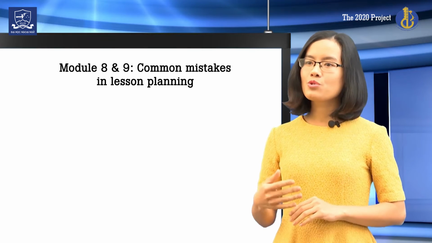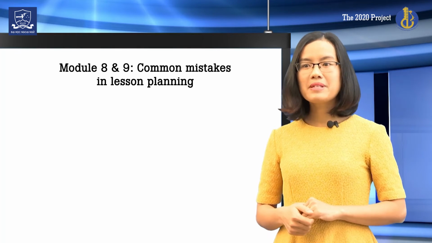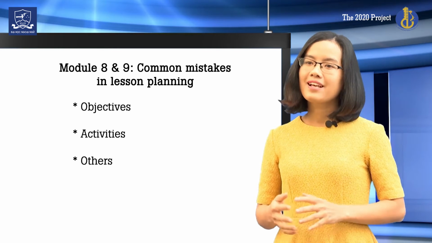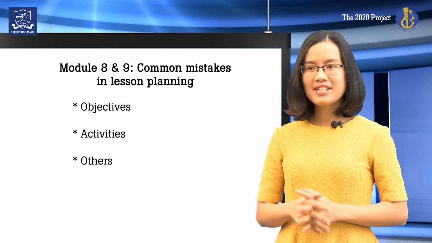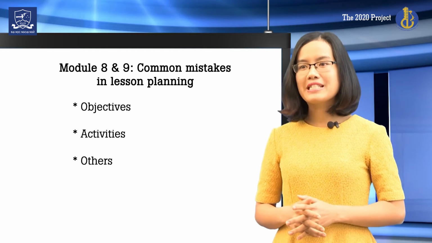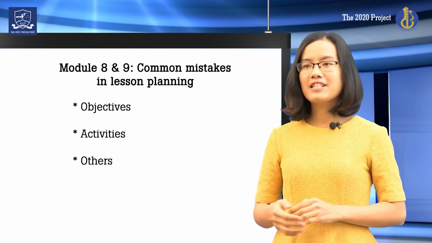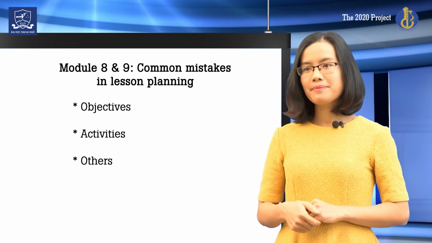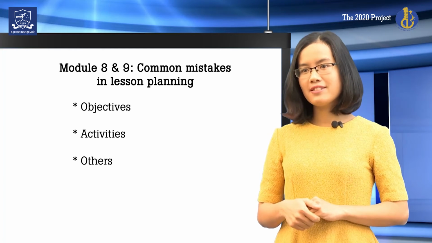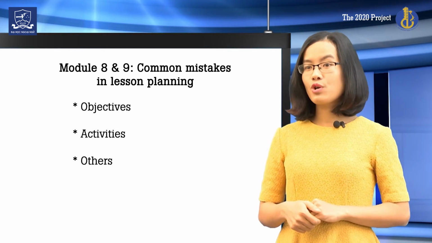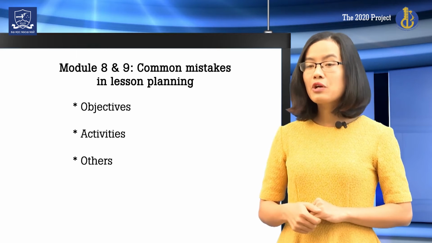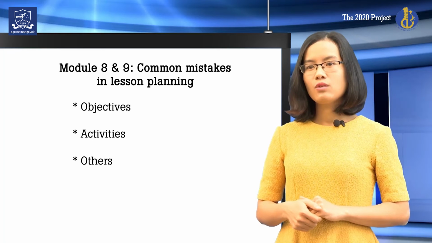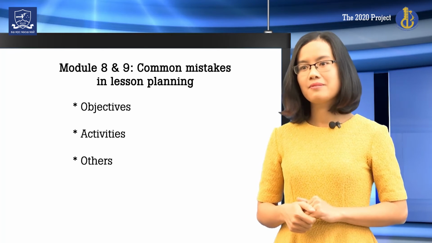Module 8 and Module 9 have analyzed common mistakes among secondary school teachers in lesson planning. These mistakes are taken from authentic lesson plans to illustrate teachers' misconduct in writing objectives of a lesson, designing activities for the lesson, and other mistakes such as planning before getting to know your class, preparing no lesson plan B, forgetting the big idea, or using the same lesson plans.